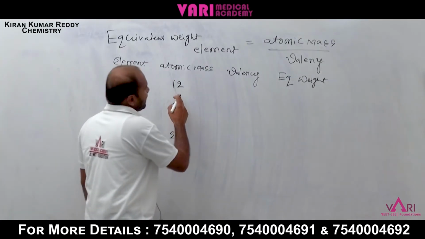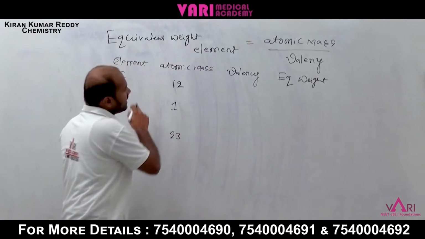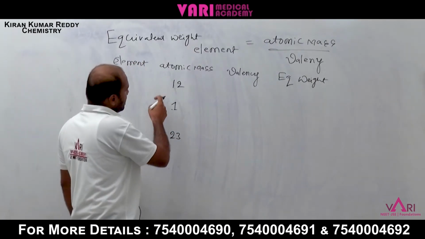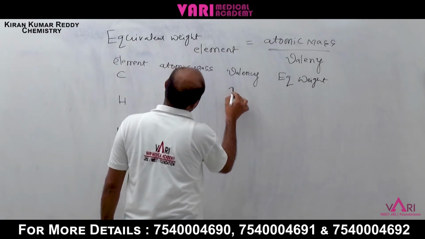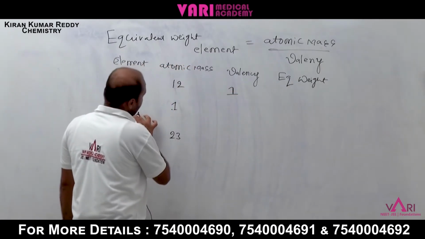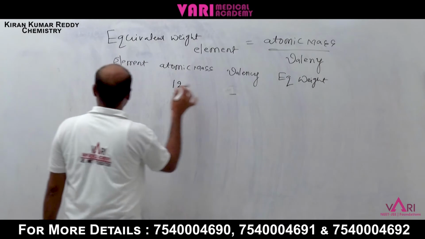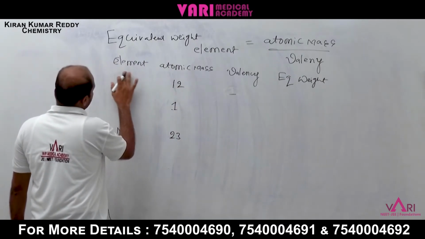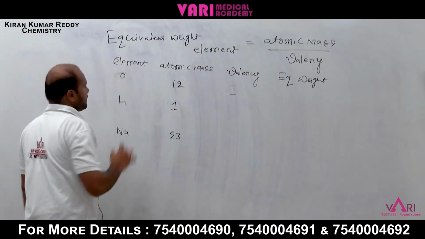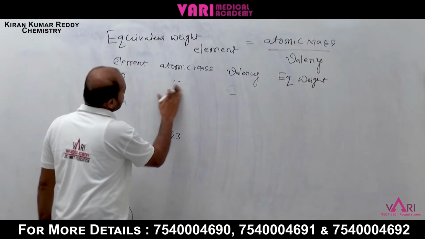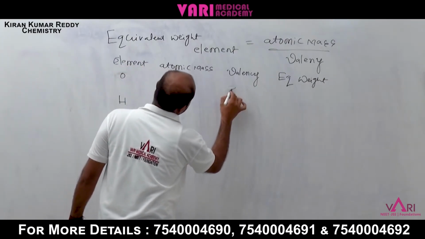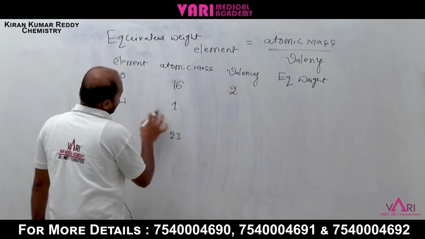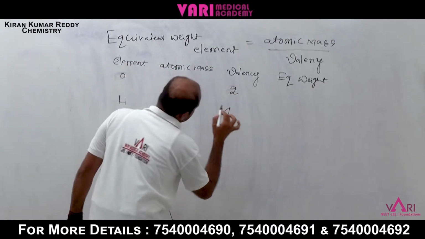Now we take the valency. Here we are taking oxygen instead of carbon: oxygen atomic mass is 16 and valency is 2. Hydrogen is 1, valency is 1.